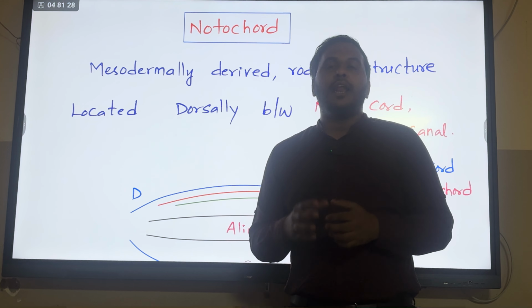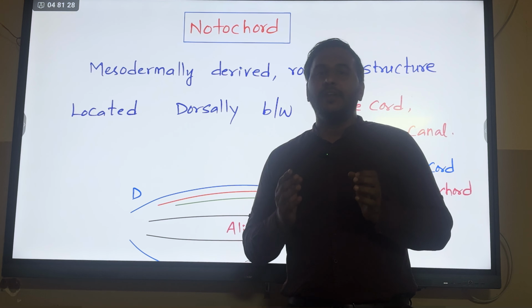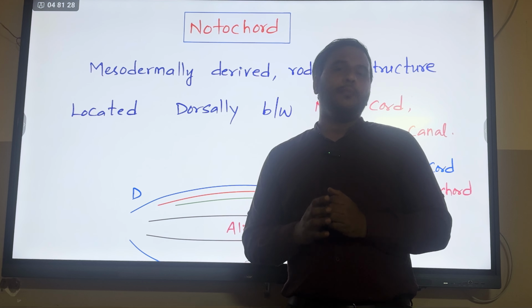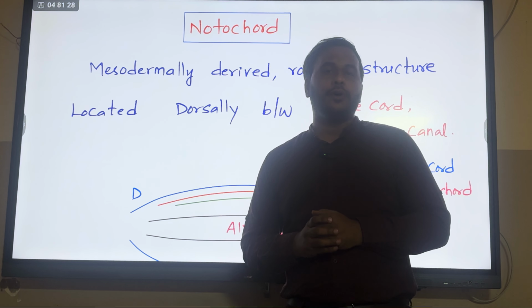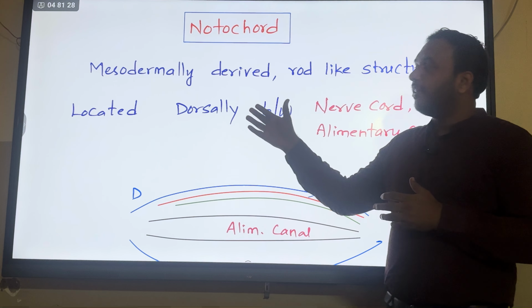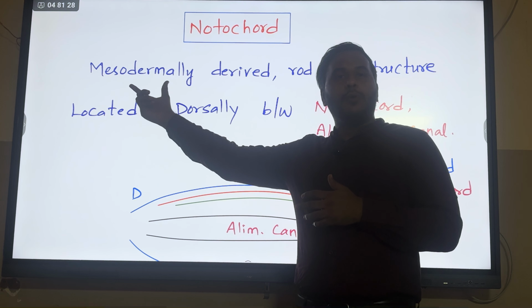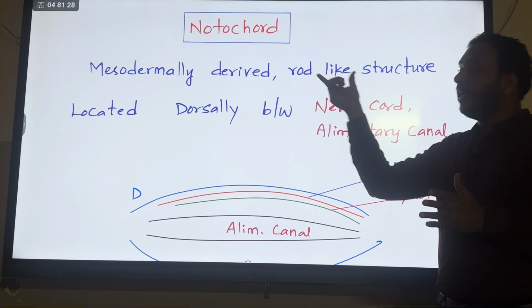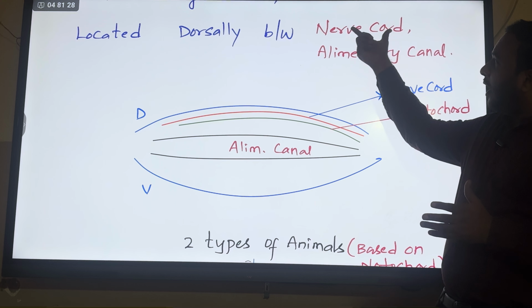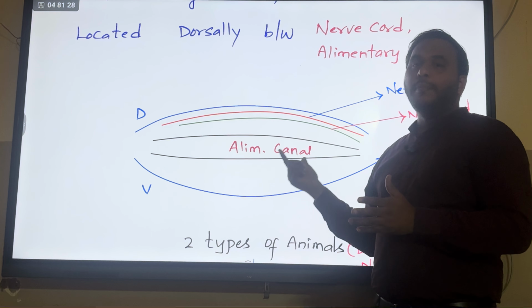So here comes the last criteria based on which the animals are classified, that is notochord. We all might have heard about this term. Notochord is a rod-like structure derived from the mesoderm of the embryo, and it is located on the dorsal side of the body between the nerve cord and alimentary canal.